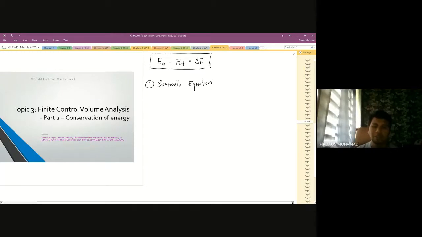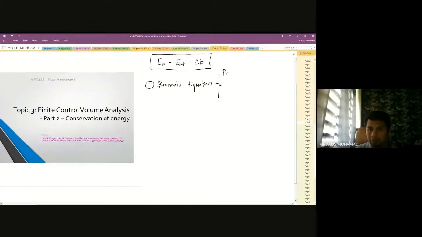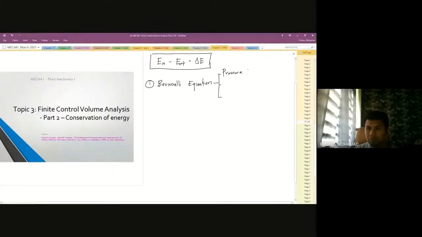Okay, so basically for the Bernoulli equation, we analyze the pressure energy, we analyze the kinetic energy, and then we also analyze what we call the energy due to the potential. Okay, potential energy. So that is the basic, which is pressure, or what we call flow energy.